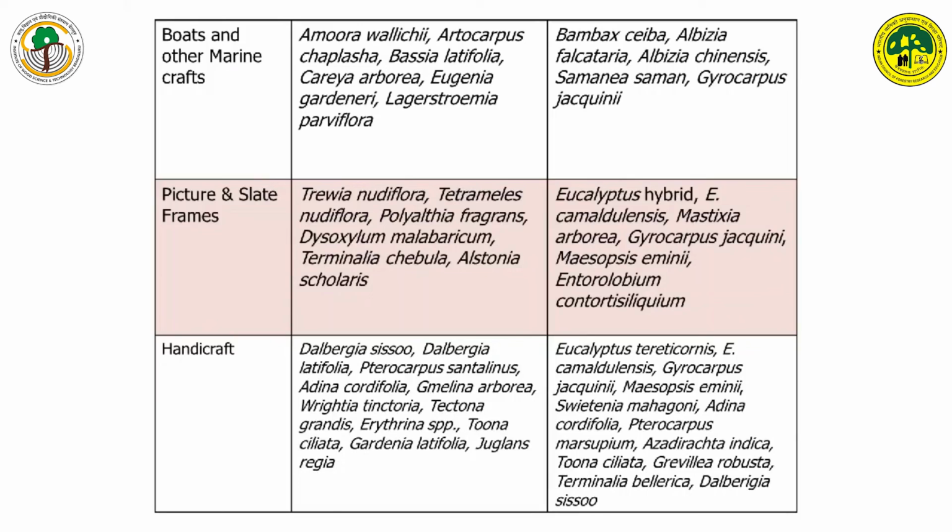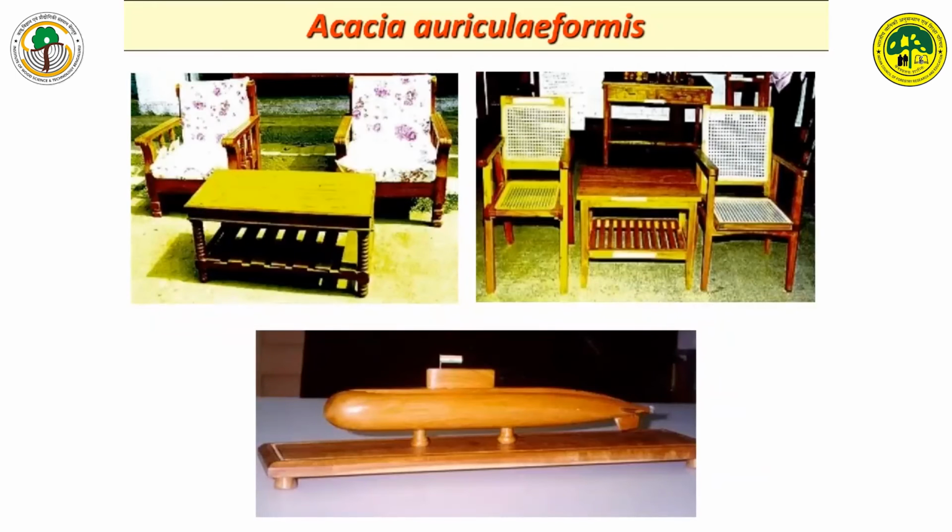And then handicrafts, because a lot of demand is there from the handicraft sector for alternate wood species, because the primary timbers are not available as much as required by the handicraft clusters. So we have studied many species and recommended them as alternate species for handicraft purpose.